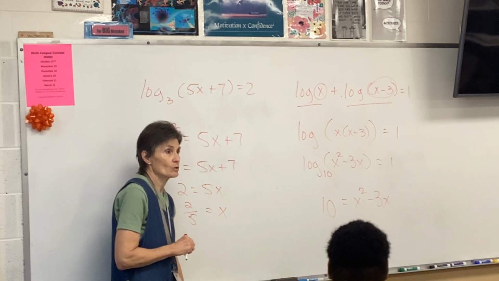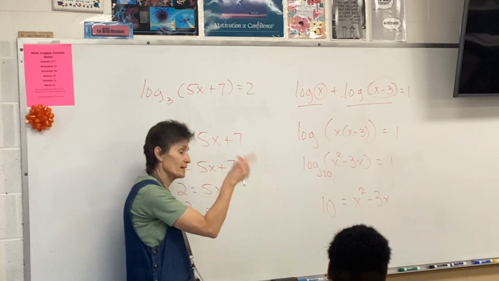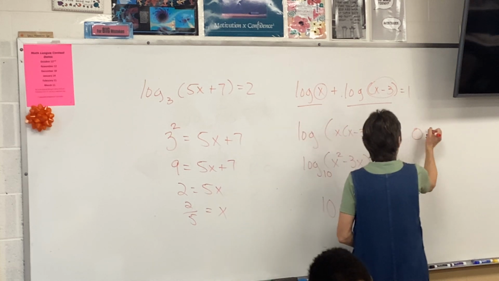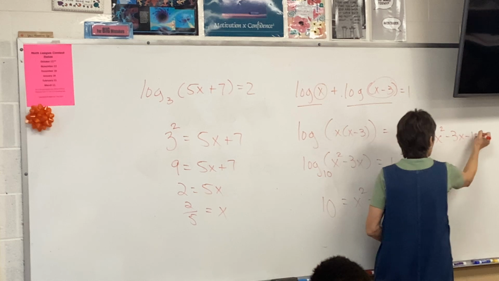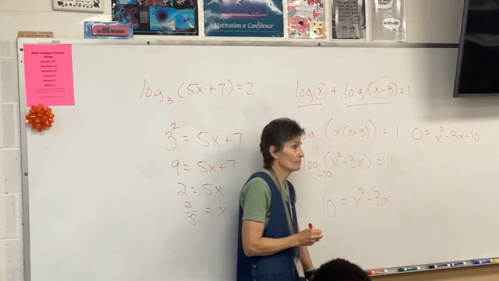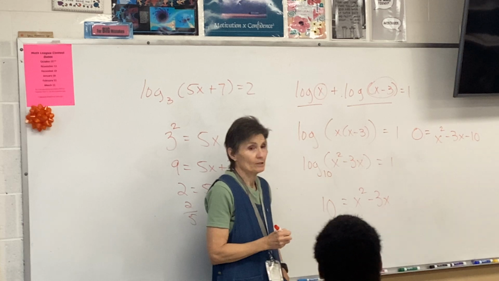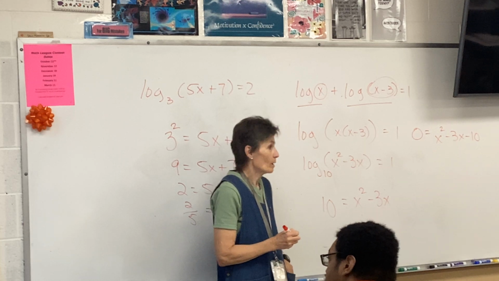Think you know this. It's a quadratic equation. Yep. Ceres is over there going like this. We're going to get that 10 moved over. So we're going to have 0 equals x squared minus 3x minus 10. And then what am I going to do? Quadratic.